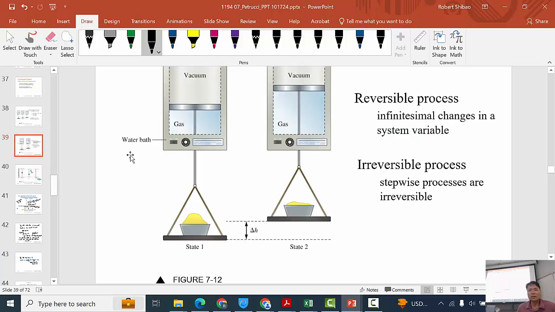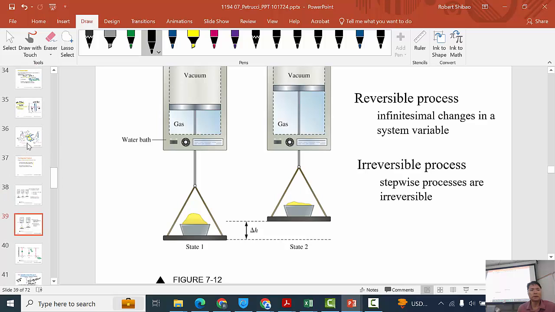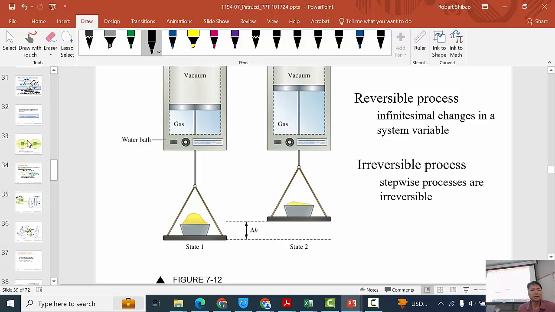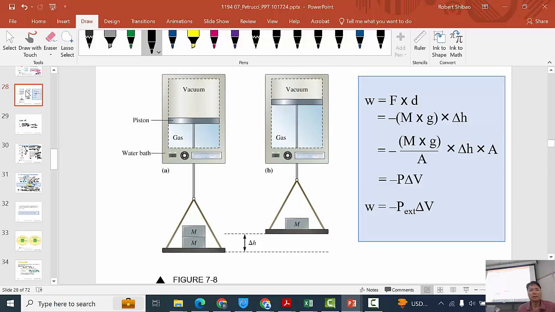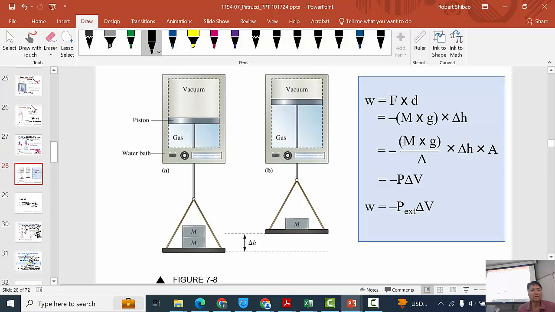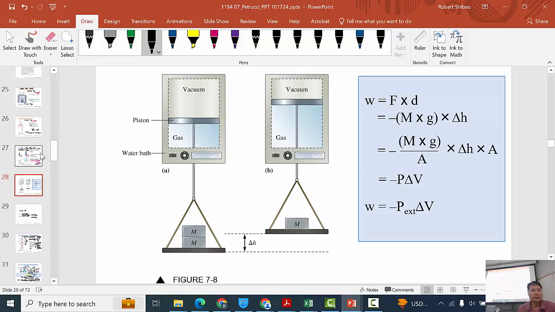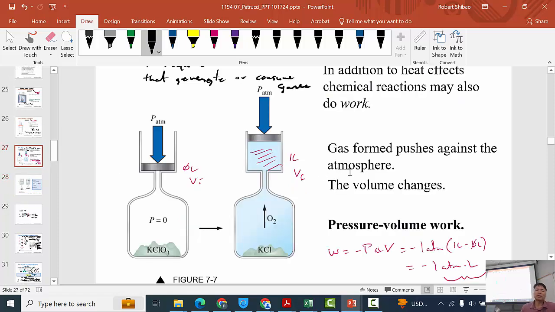So if we go back to this slide here, there are two ways of doing this. We could do this at constant volume.